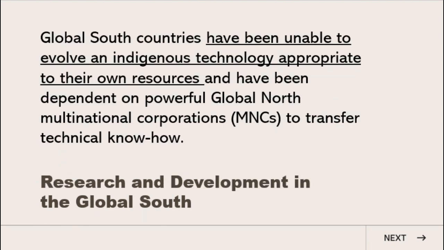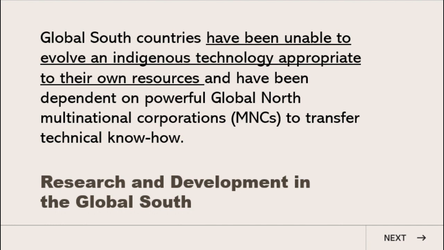Next is on research and development in the global south. We have a lot of funds allotted for research and development, but we can't use this properly. In Partido State University alone, instructors are encouraged to perform this, but they cannot really utilize the fund because of a lot of factors.